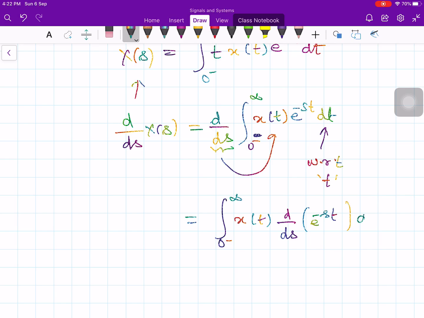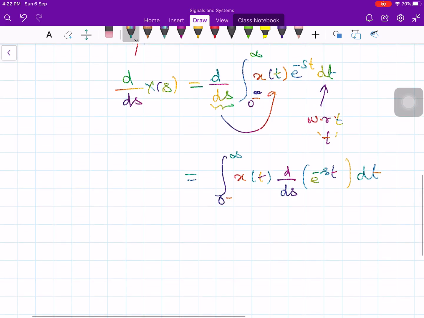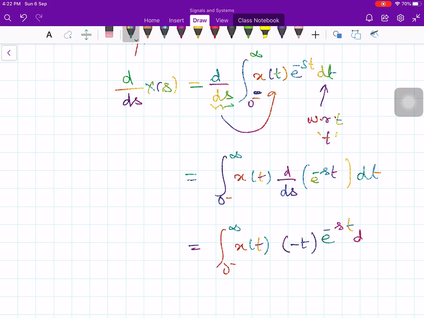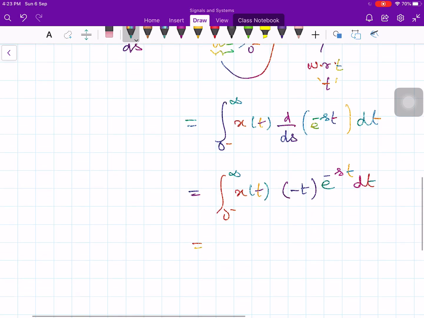So this is equal to the integral of x of t times minus t e to the minus st dt. Then this minus you can pull outside: minus the integral from 0 minus to infinity of t times x of t e to the minus st dt.